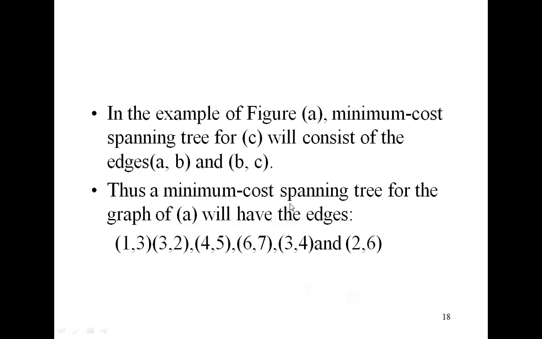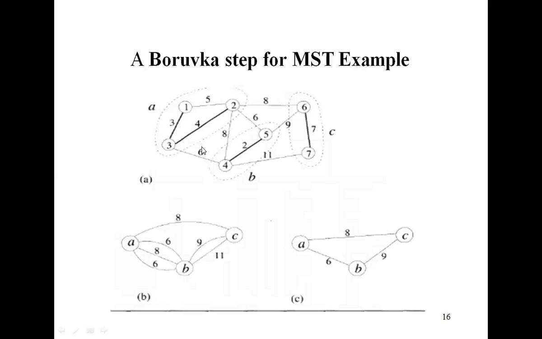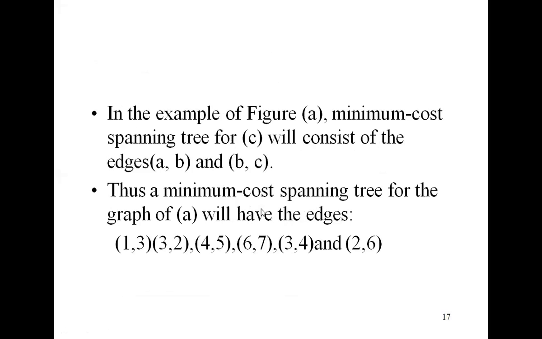So finally, a minimum cost spanning tree for the graph A, that is the original figure, will have these edges. Just check the edges. See here in our figure, A means 1 comma 3, 3 comma 2. The same thing is written here, 1 comma 3, 3 comma 2.